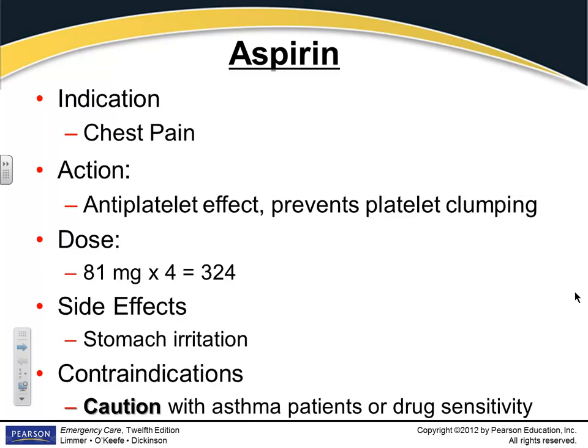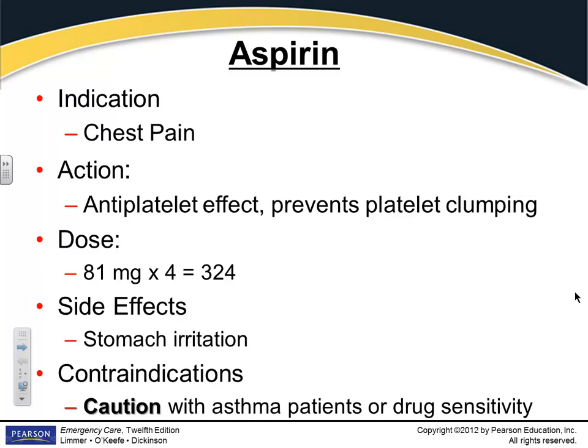They have found that sometimes asthma patients, and here we're talking about you're seeing a patient with chest pain who is also asthmatic, if they have a problem with aspirin, aspirin can actually bring on an asthma attack for somebody that's sensitive to aspirin. So from that standpoint, you just want to ask any cardiac patient if they have a history of asthma, if they have a problem with aspirin. So there's no real contraindication other than you just want to ask.